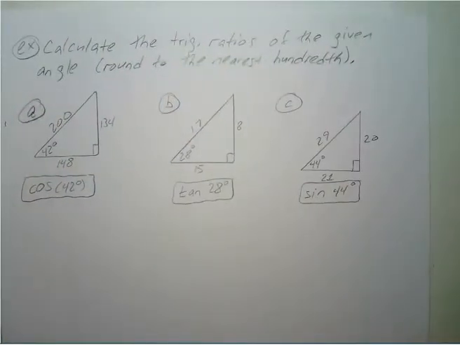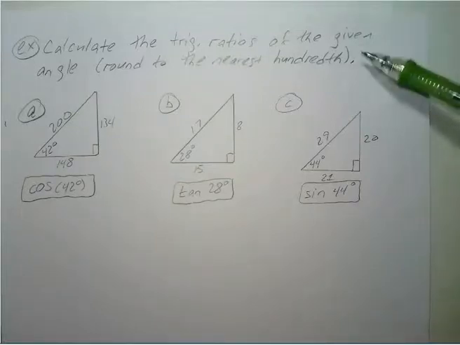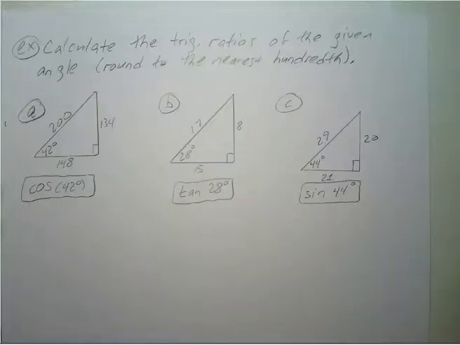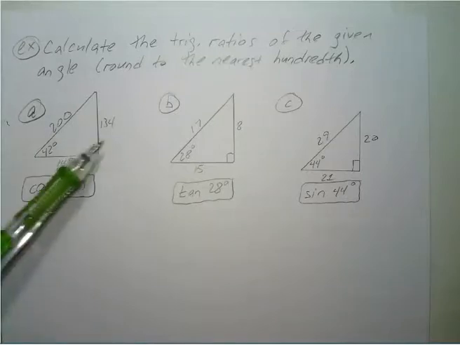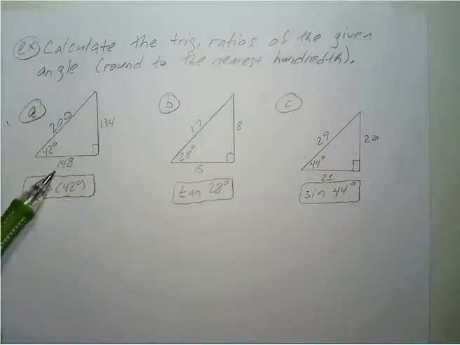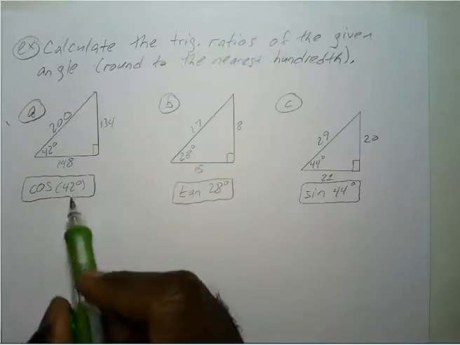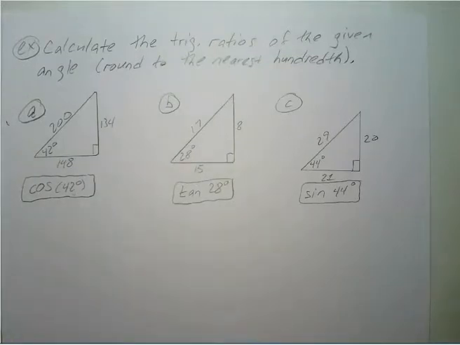Okay, so what if we wanted to calculate the trigonometric ratios of the given angle and round that to the nearest hundredth? For this right triangle, you have this side of 200, 134, 148, an angle of 42 degrees. So we want to find cosine of 42 degrees.